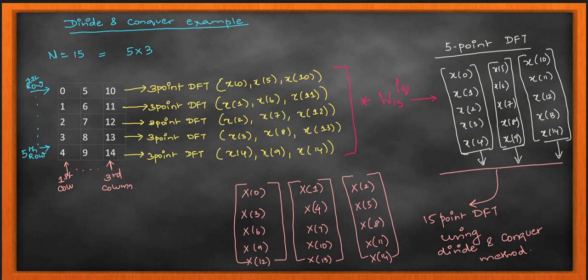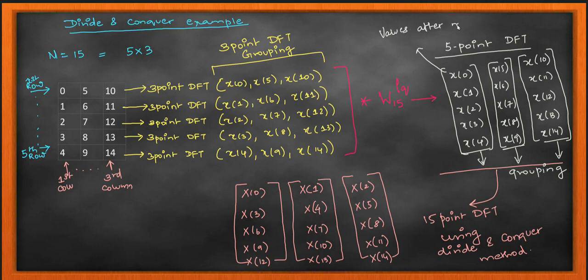So not to confuse you much, I'll just say since the input signal was arranged column wise, the output sequence or the output FFT or the Fourier transform indexing will be row wise. You can see x0, x1, x2, x3, x4, x5. So the indexing is row wise as you see.